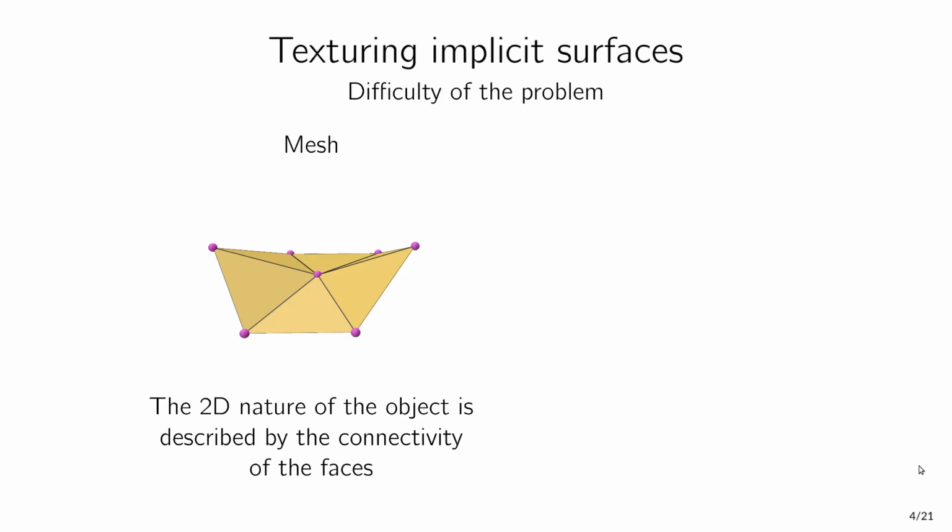With meshes, a 3D mesh is a three-dimensional object, but intrinsically it is a 2D object by nature that simply lives in 3D space.